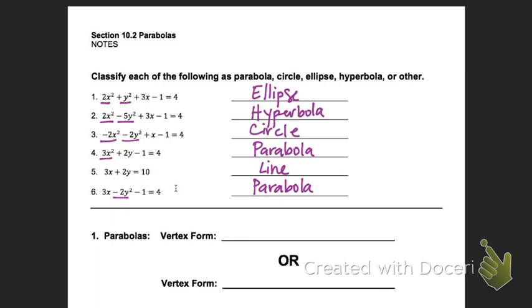Okay, so today we are just isolating parabolas, and we're going to graph those, which seems super easy, but we're going to introduce left and right now. So we've learned up and down, but now we're going to introduce left and right. There are 2 vertex forms.